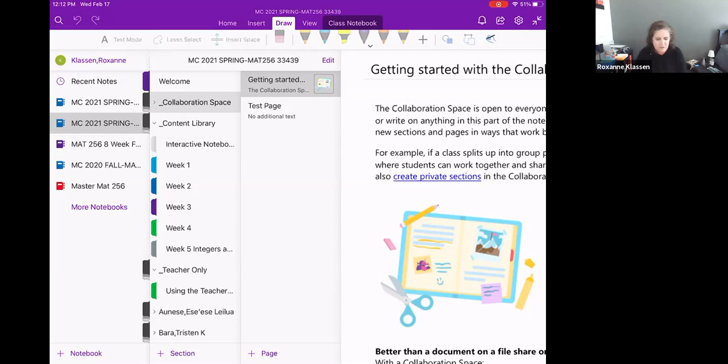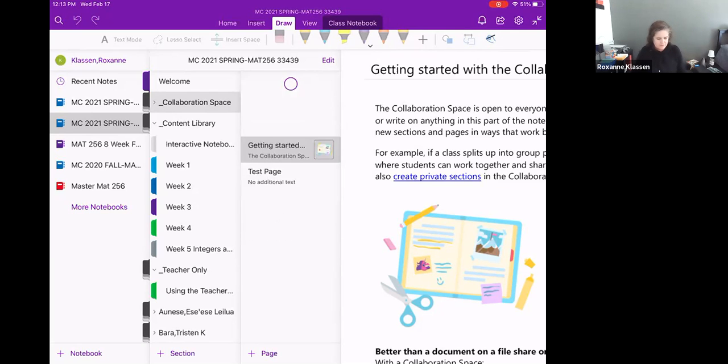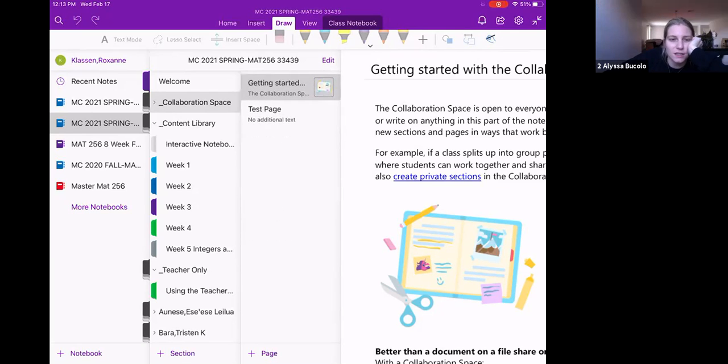Okay, this is really weird because I must have put it in the wrong class. That's annoying. Hold on one sec. I'll just move one over there. I don't see anything. I only see the weeks. Hold on, let me see. Go to the collaboration space and see if you see where it says, there should be a document now.